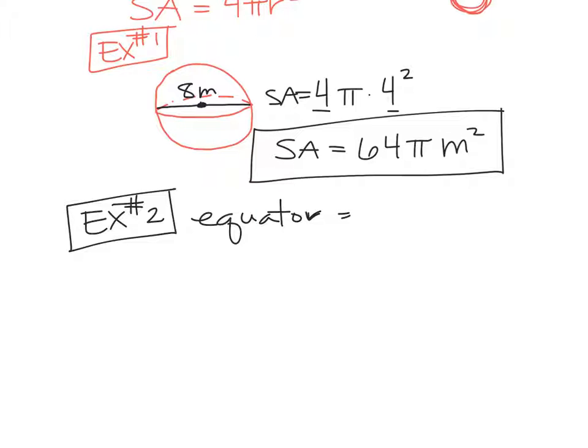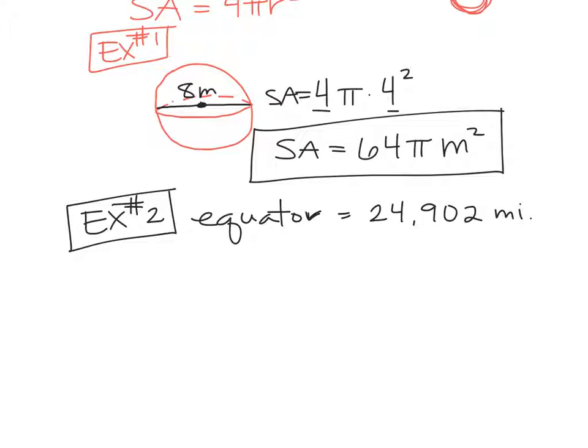Although Earth is not a sphere, it's an oblate spheroid, or a flattened sphere. 24,902 miles is the distance of Earth's equator. We're going to try to find the surface area knowing that.